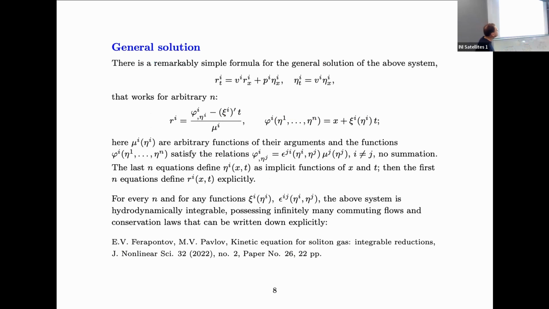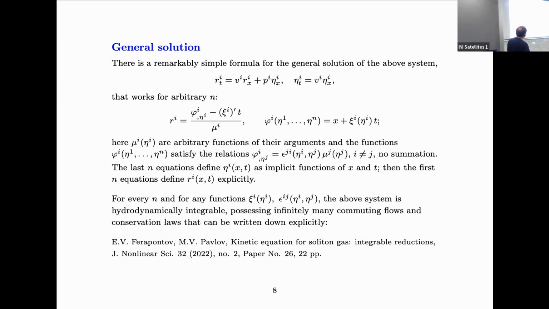Right. Now, the general solution. I explained how to calculate Vi's and Pi's in terms of R and beta. So this system possesses a general solution, implicit, not explicit. It is given by this formula. First of all, I need to explain mu: mu i of eta i are just n arbitrary functions. Now, what are phi i's? Phi i's are functions of all etas, and they satisfy this system of equations.